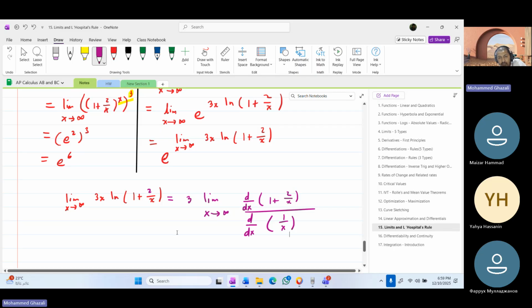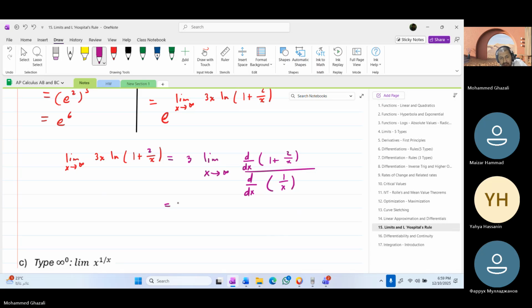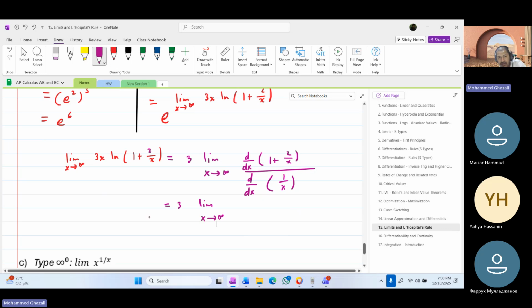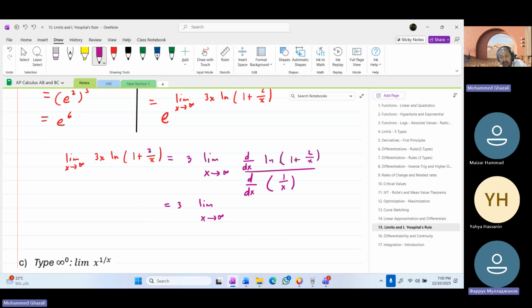Now, we have to solve this limit. What happened to my ln? I forgot the ln part here, sorry. Remember, there's still a ln there. Okay, so I need to differentiate this.